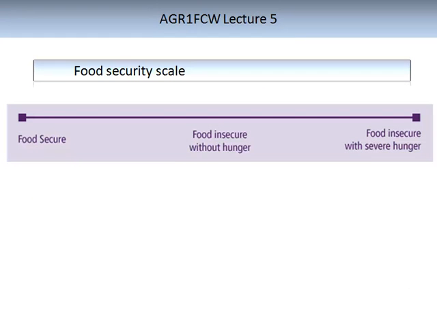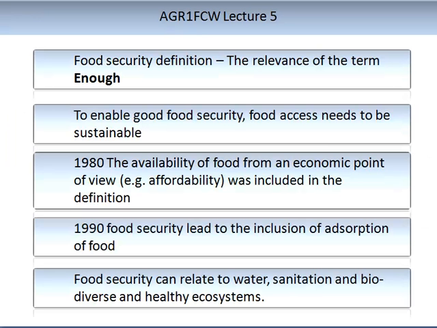There is a relative scale of food security. You can either be food secure, food insecure without hunger, or food insecure with severe hunger. It is important that we understand where the components of this definition have evolved from. Firstly, the word enough is used, and this is quite relevant in the understanding of the definition.